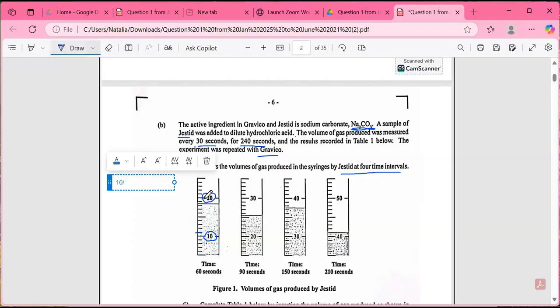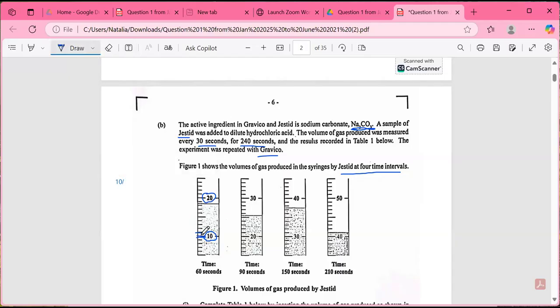We start at 10 and the first line is 0, 1, 2, 3, 4, 5, 6, 7, 8, 9, 10. So it's 10 divided by 10, which means each small line represents 1 centimeter cubed.